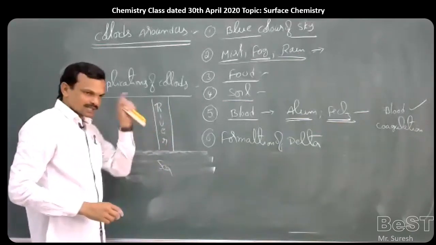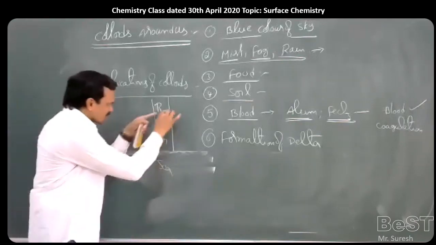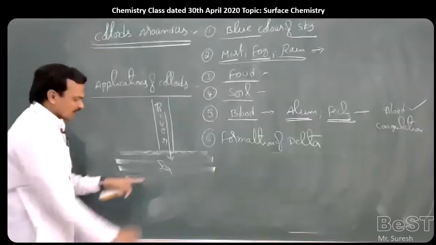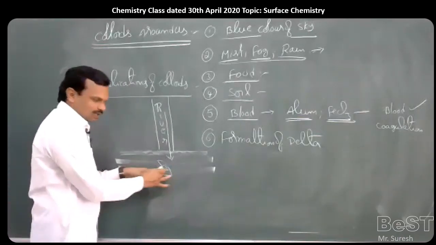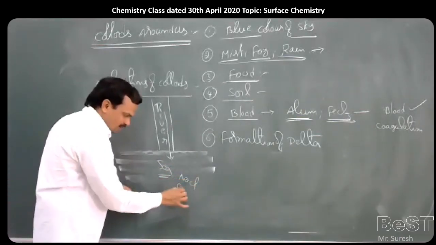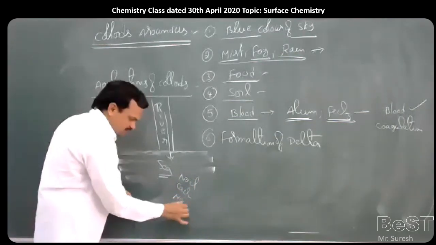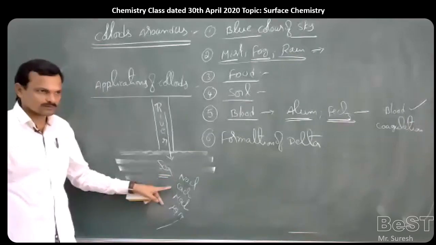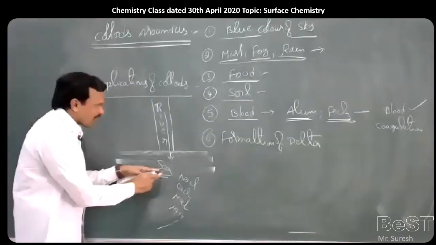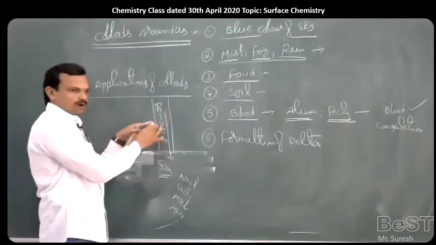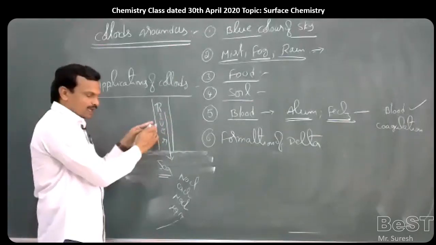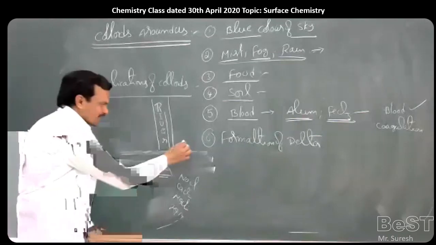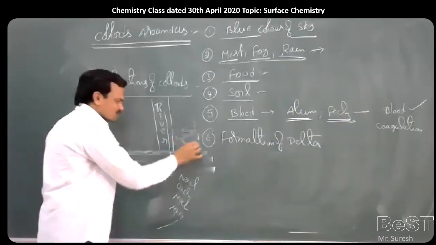Whenever this river water meets the sea during the rainy season, the electrolytes present in the sea water, like NaCl, CaCl2, MgCl2, MgSO4, so many electrolytes are present in seawater, can coagulate the dust particles present in river water. Thereby the coagulated clay particles or dust particles get scattered on both sides of this river.